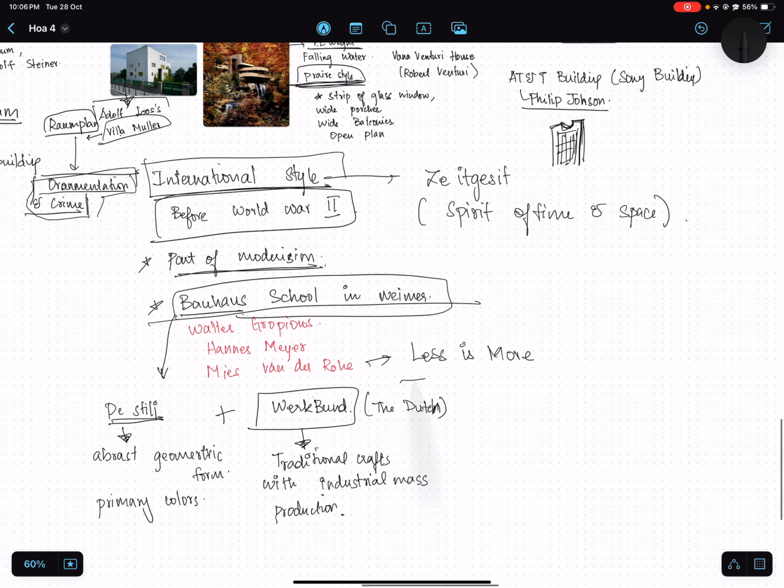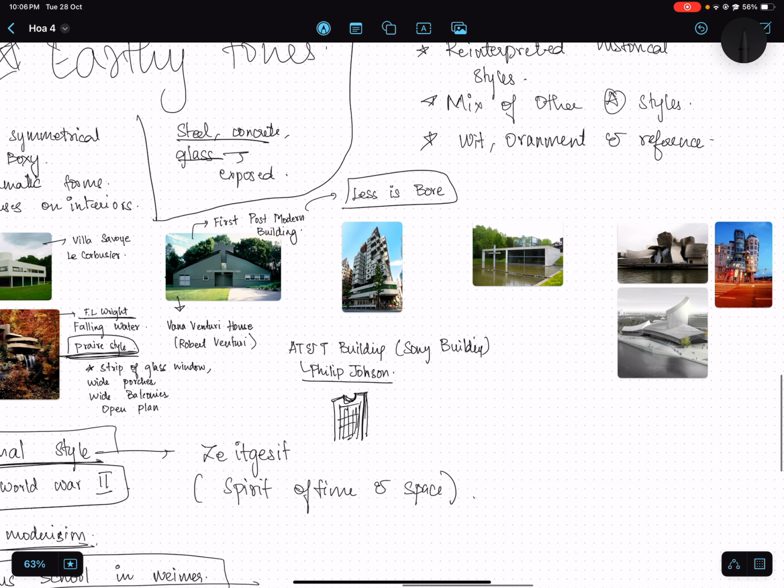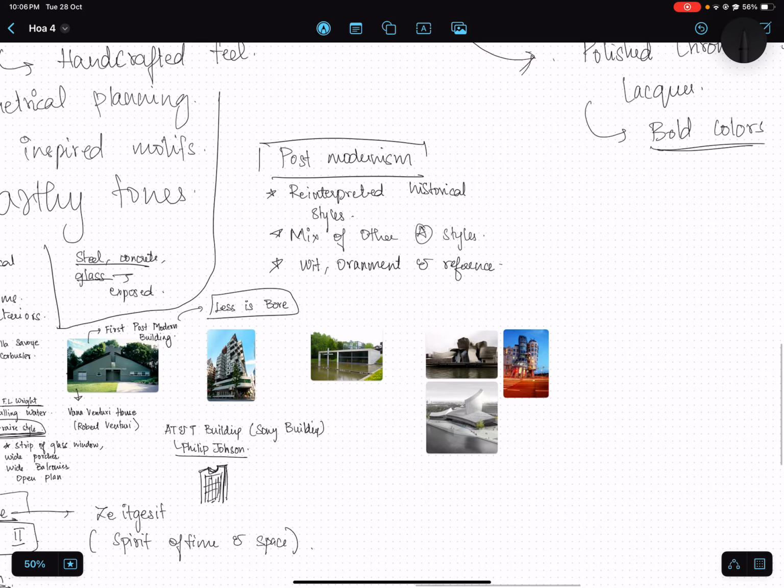So Robert Venturi said, enough with the less is more. Let's add elements to our structures. So that is postmodernism. Then we have something called metabolism.